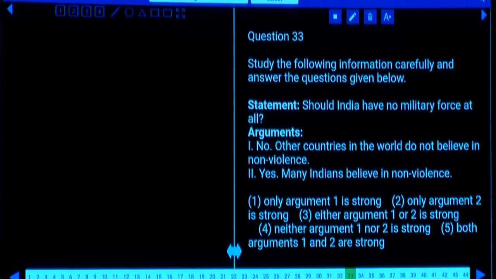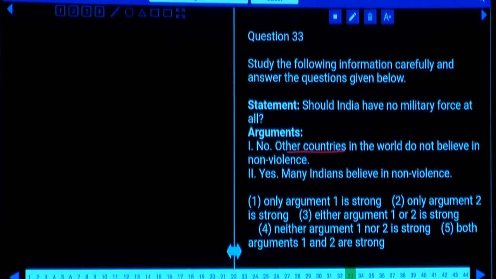Then 33. Should India have no military force at all? Whether India should have a military force or not. Now we need to discuss whether there is a requirement or not. Then the first one, other countries in the world. What do you mean by other countries? It is based on comparison.